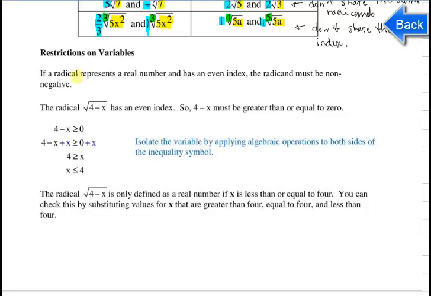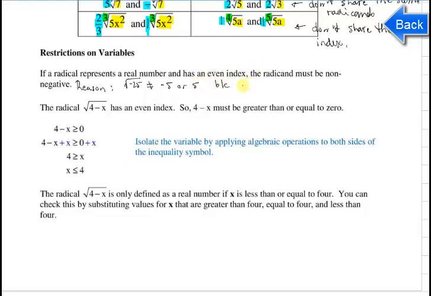So the reason for that, let's take a look at the square root of negative 25. When we take the square root of negative 25, you will find that it cannot be negative 5 or it cannot be 5. And why?